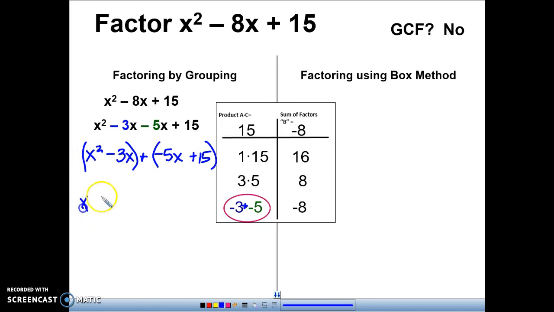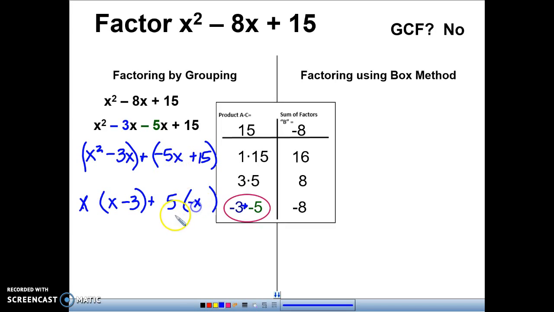GCF, what goes here? X squared, what times x gives you -3x? GCF here, well, that's 5. Watch what happens here. 5 times what gives you -5x?